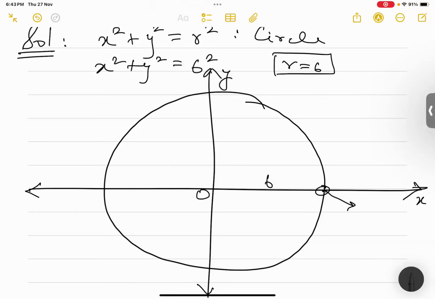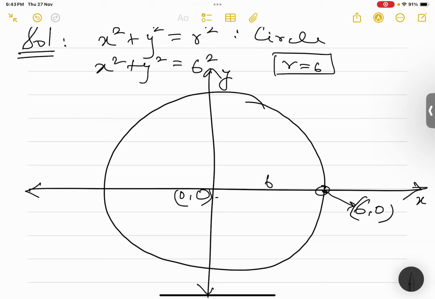So what is this point? 6 units. The point I'm asking. 6 comma 0. Simple thing I was asking. 6 comma 0. Okay, and origin is 0 comma 0.